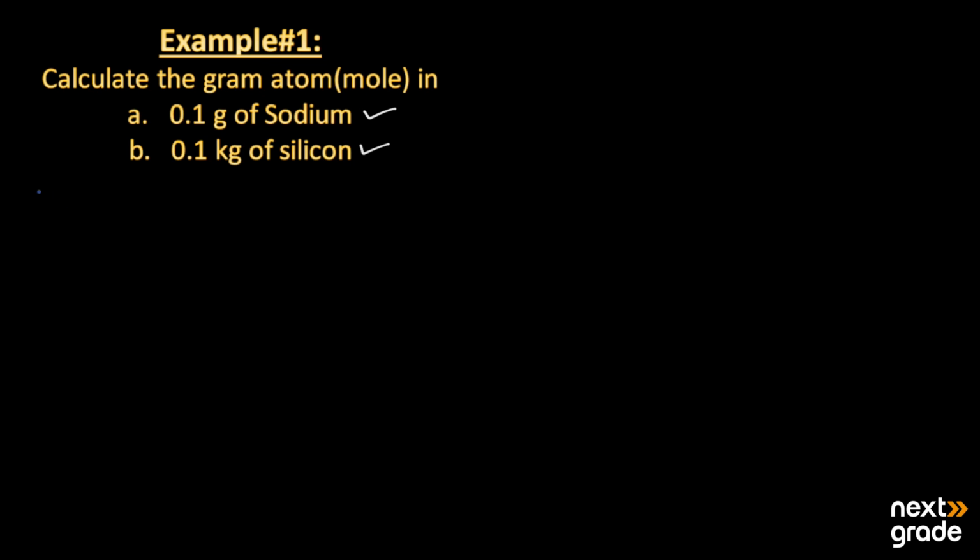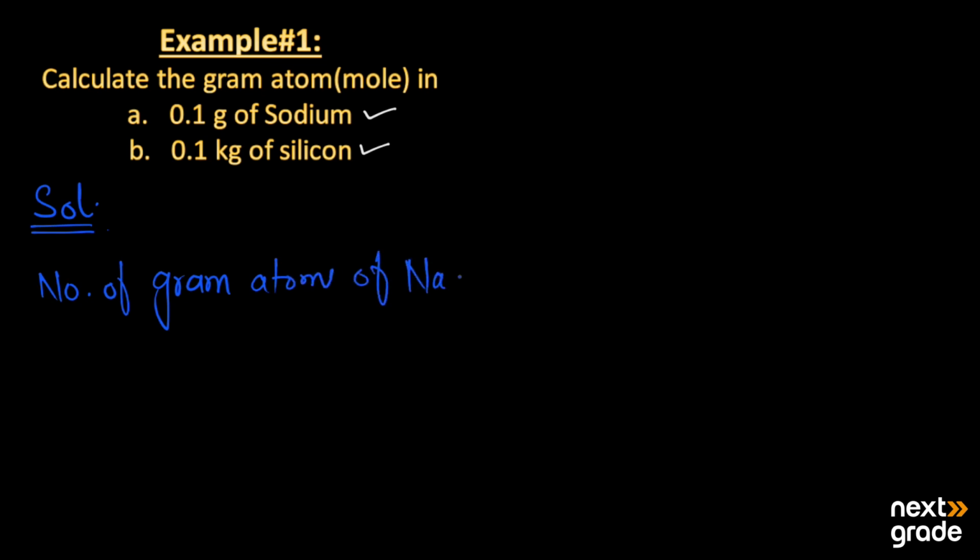For the solution, first we find the number of gram atoms of sodium. For this we need to know the mass of sodium in grams, and then we divide it by the molar mass.